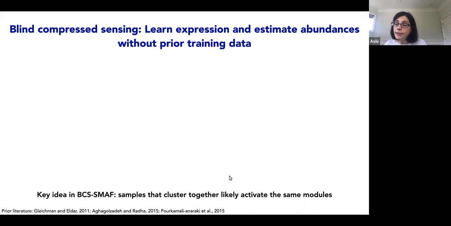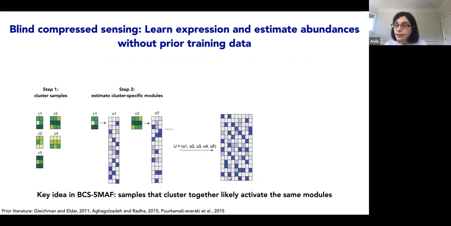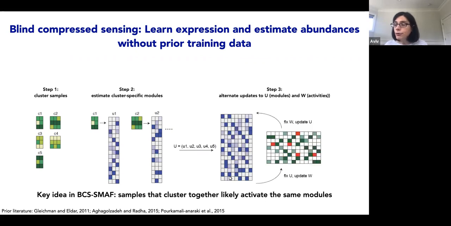And so Brian devised another algorithm he called BCS SMAF that first clusters the compressed samples and then searches for small dictionaries of modules per cluster, and then concatenates them as a starting point. And from here, we basically use iterative optimization on the modules and their activities.